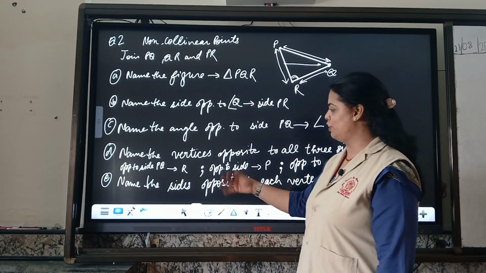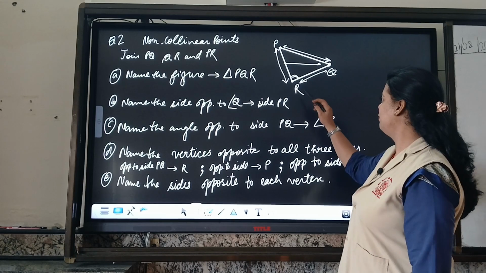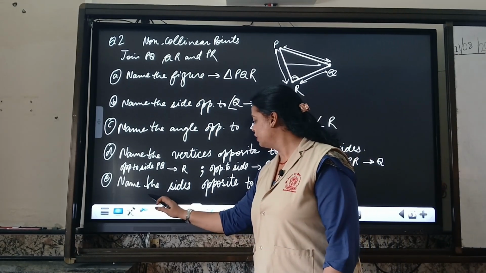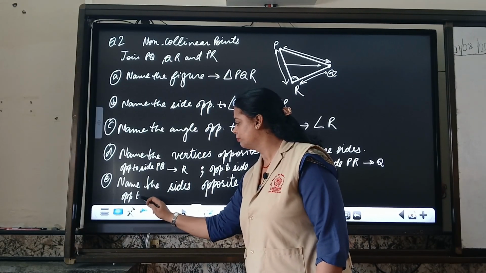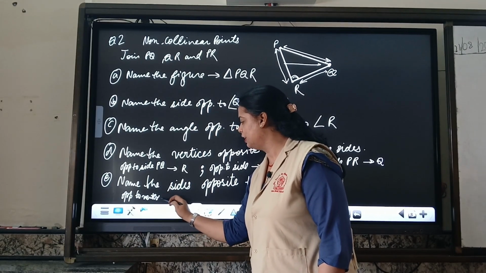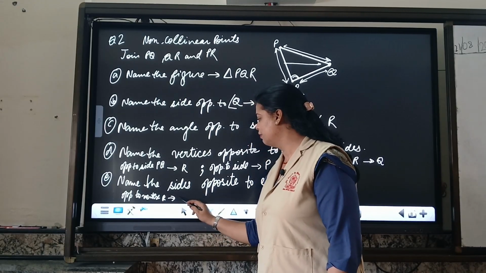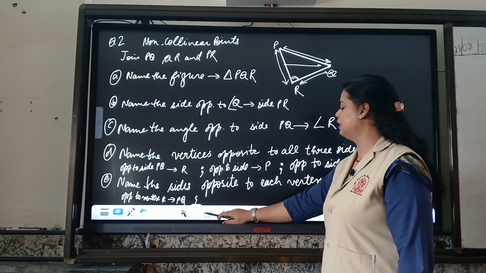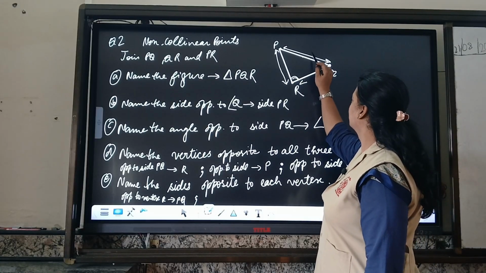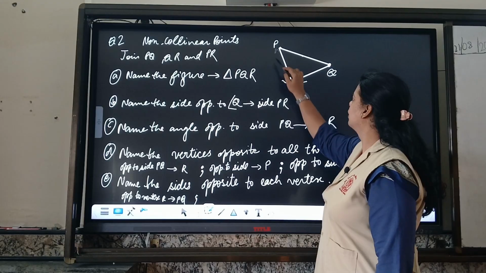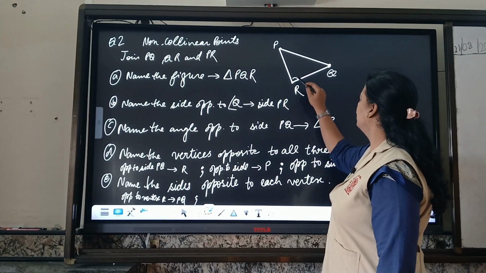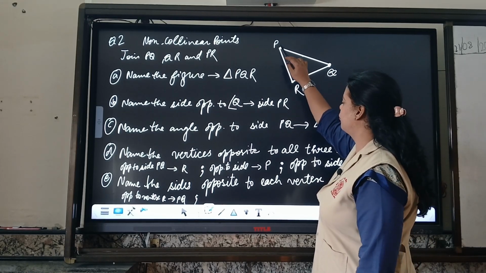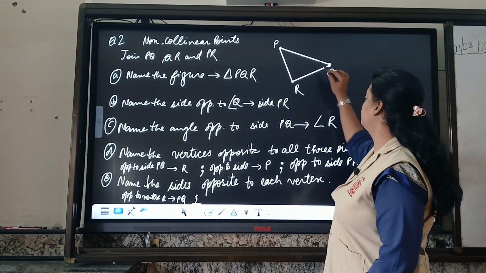It is the inverse of the previous part. If I am taking R, what is the side opposite to R? PQ. So opposite to vertex R we have side PQ. If I wish to take vertex P, which side is just opposite to P?